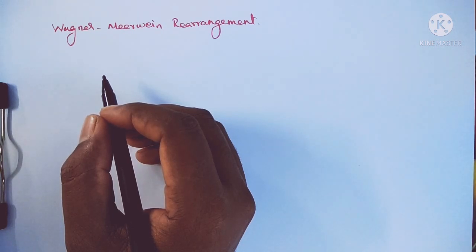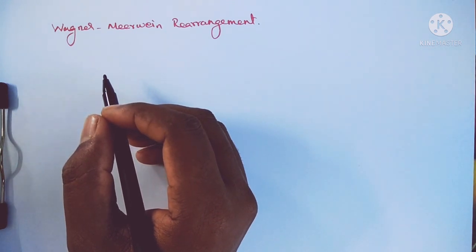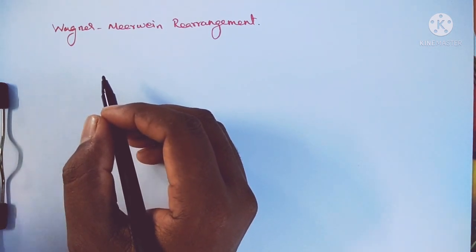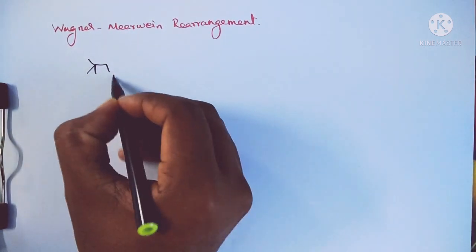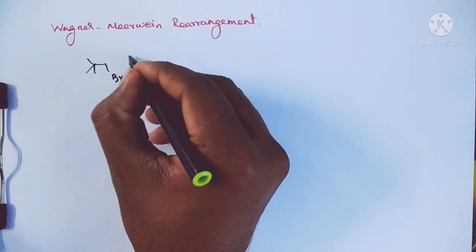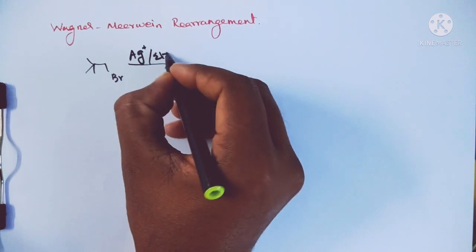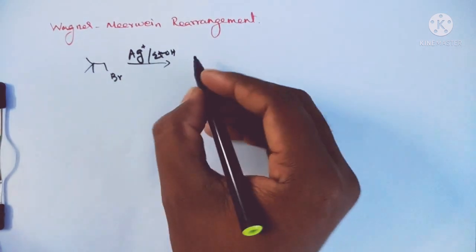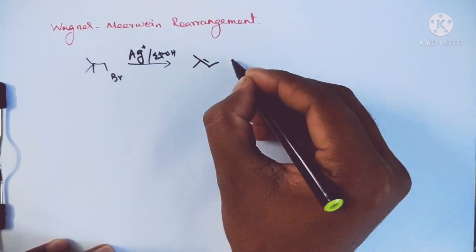In this rearrangement, the carbon migrates with its bond pair to an electron deficient atom. For example, alkyl halide in the presence of acid gives a mixture of products.